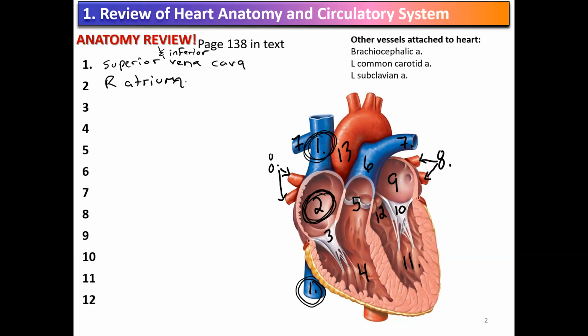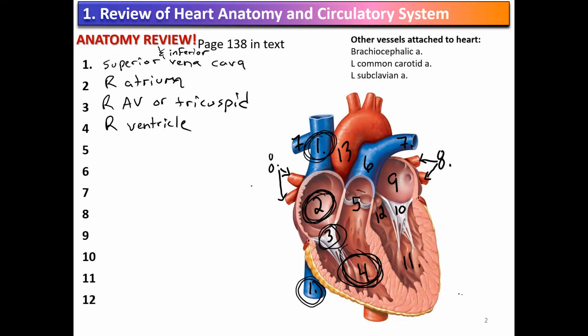Okay. And what is this valve that separates that atrium from the chamber below? Right, AV, also known as the tricuspid. And then the chamber below is the right ventricle. Good.